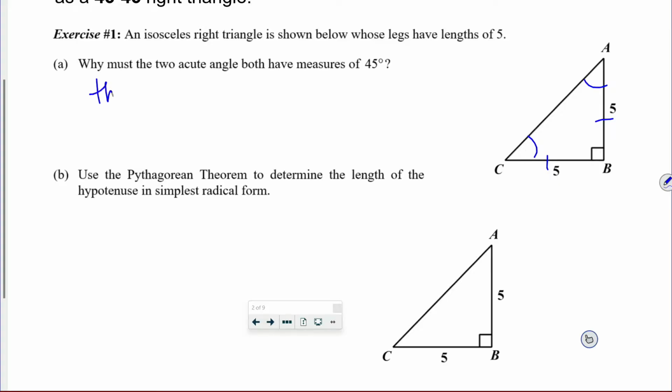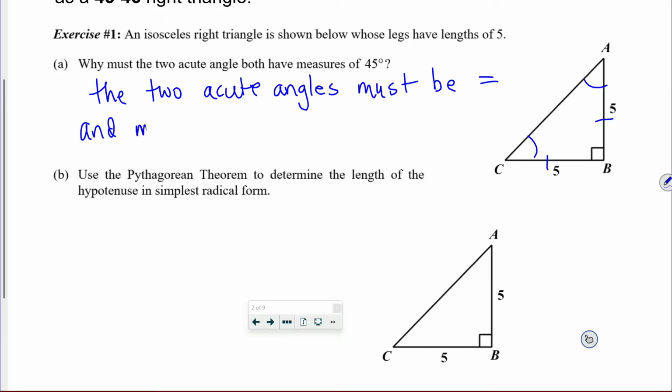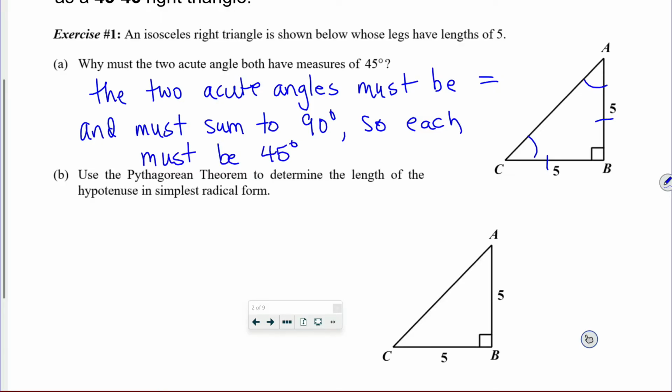So first, the two acute angles must be equal and must sum to 90 degrees, so each must be 45 degrees. So that's just a name that they give to isosceles right triangles.